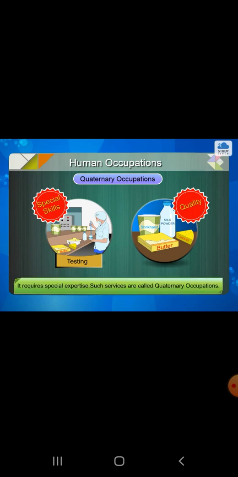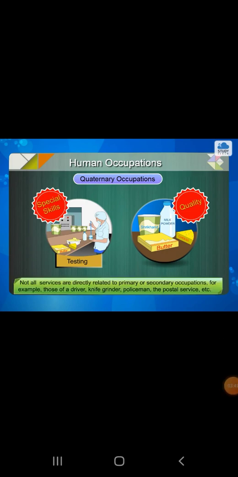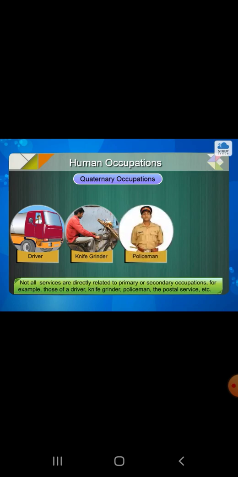It requires special expertise. Such services are called quaternary occupations. Not all services are directly related to primary or secondary occupations. For example, those of a driver, knife grinder, policeman, the postal service, etc.